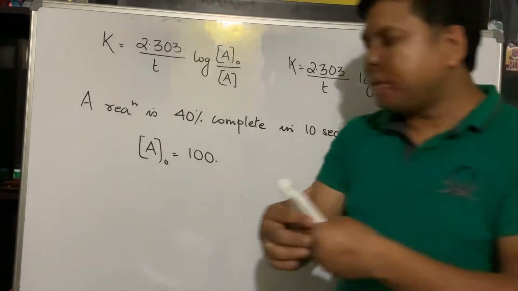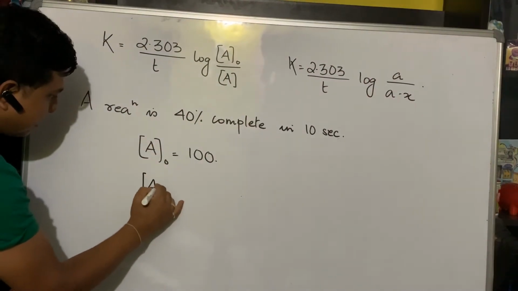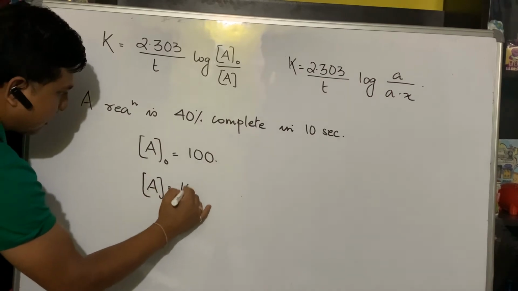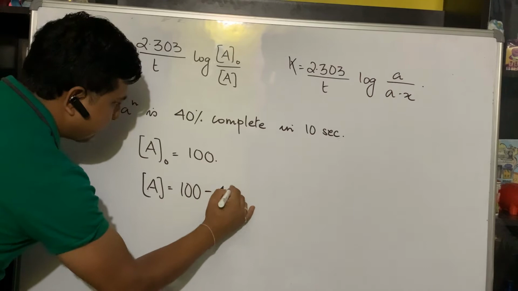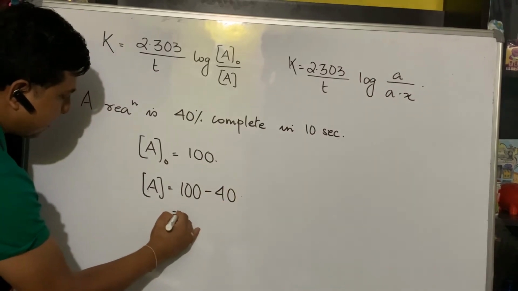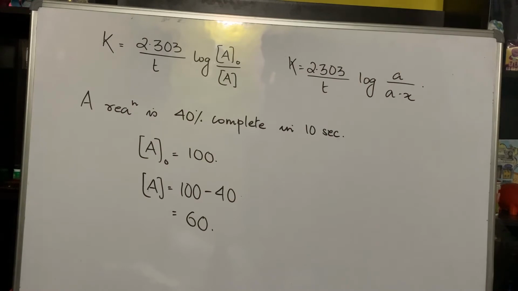So what is the amount of reactant left now? There was 100 initially, and out of it 40 has been converted into product. So the concentration left now is 60.